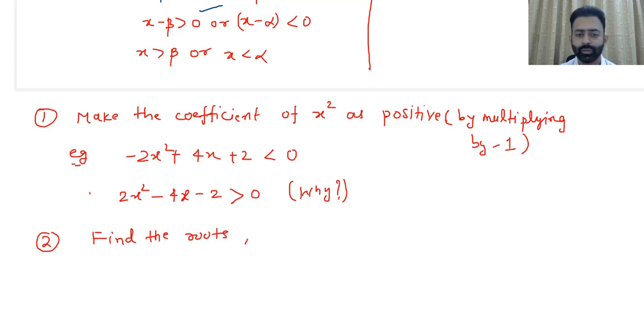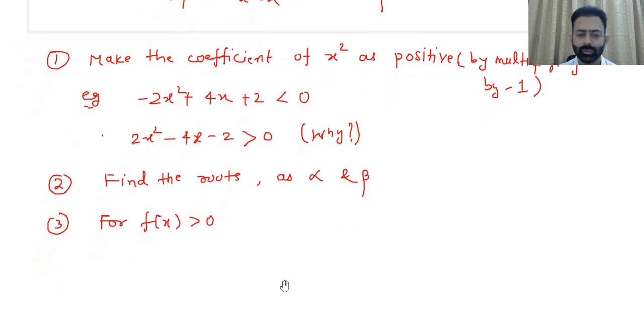find the roots as alpha and beta. Then for f(x) greater than 0, the solution is outside the roots.